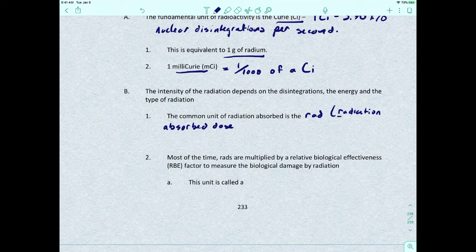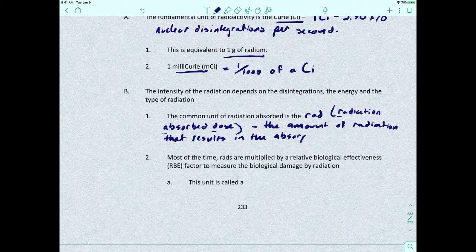This is the amount of radiation that results in the absorption of 1 times 10 to the minus second joules per kilogram of irradiated material.